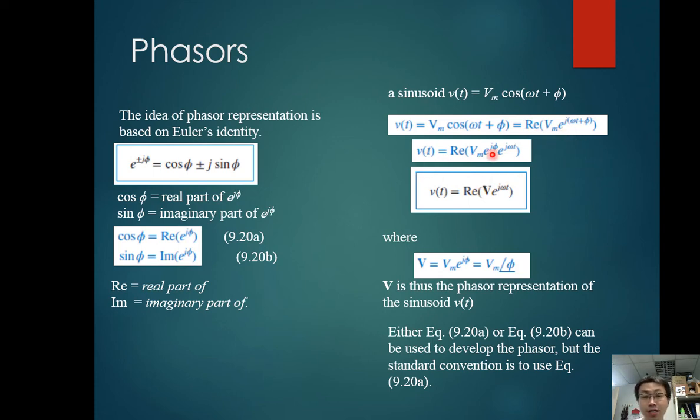Or we can write this, or like this. And then we know that this is V equals Vm exponential j phi, or Vm angle phi. V is thus the phasor representation of the sinusoid v(t). Equation 9.20a or equation 9.20b can be used to develop a phasor, but the standard convention is to use equation 9.20a.